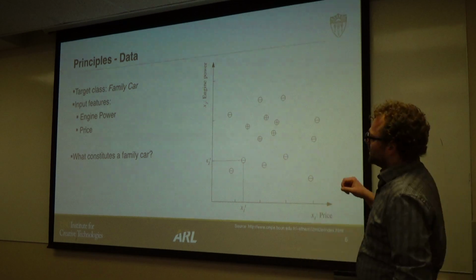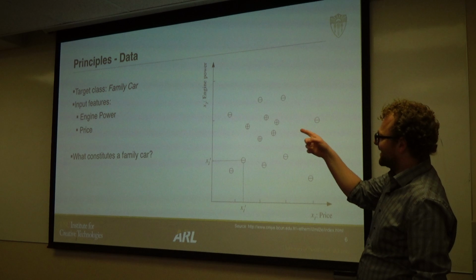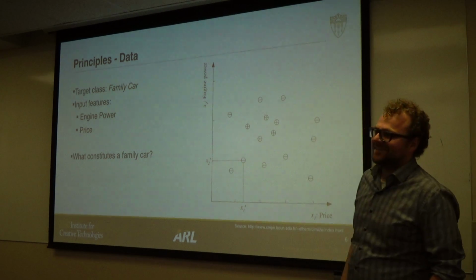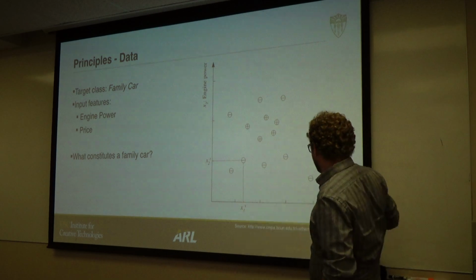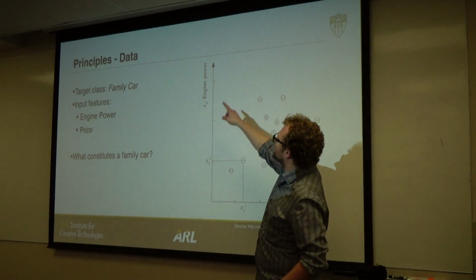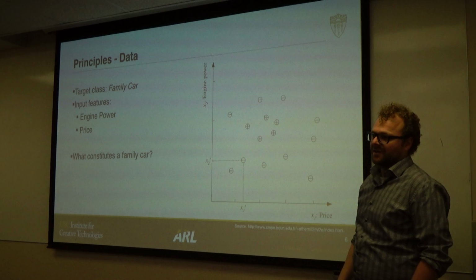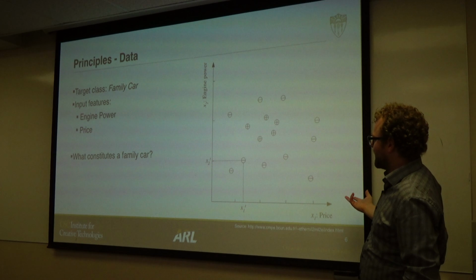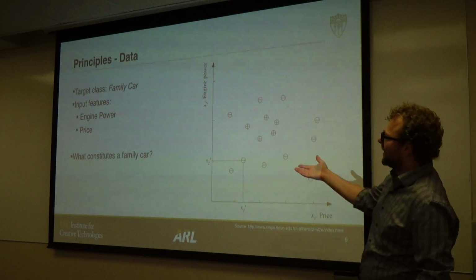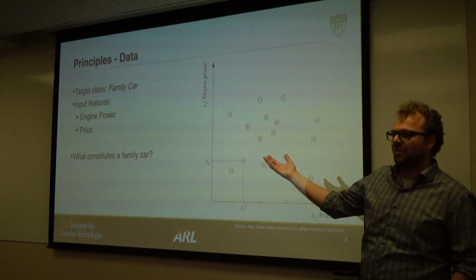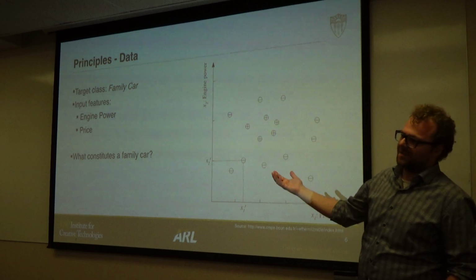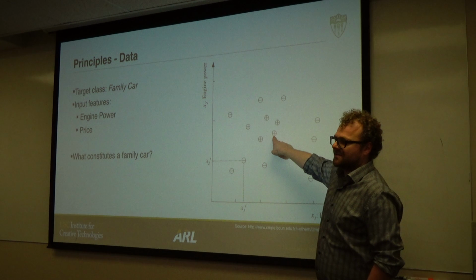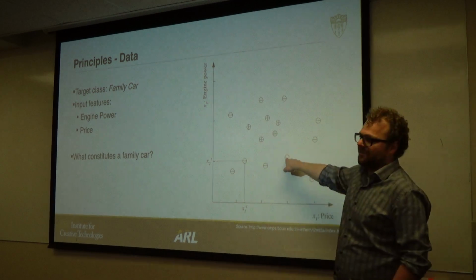It says there. Yeah. So the features are our x and y axis here, okay? So this is engine power and price, okay? So these are the two input features, x1 and x2. Our target class is family car or not family car, okay? And family car is denoted with these pluses here, and not family car with a minus, okay?